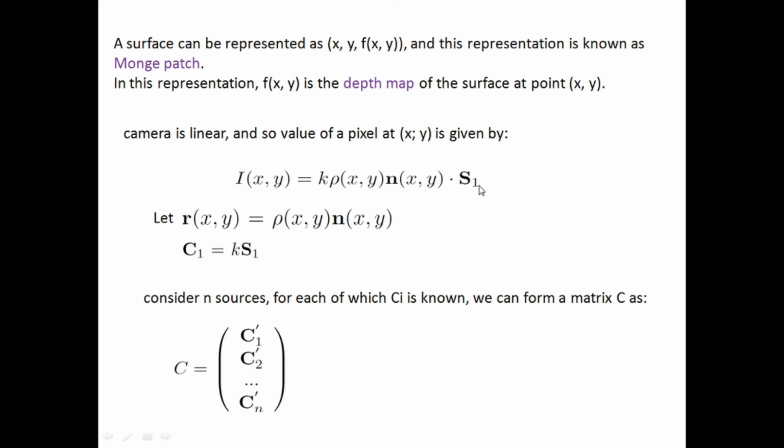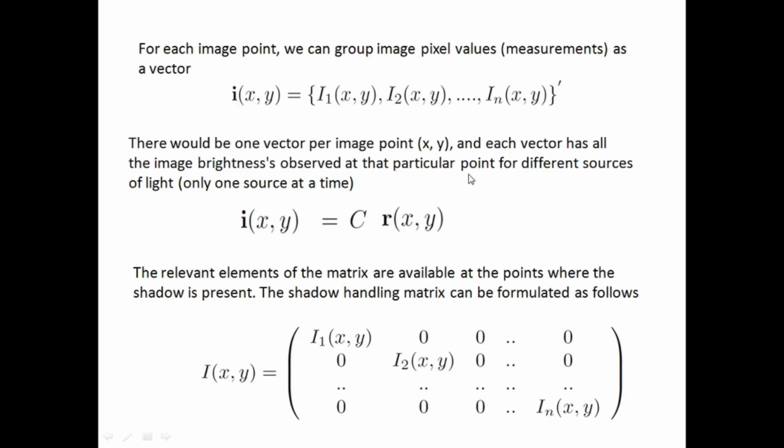These sources are kept in different directions, so at the same point I will get different brightness values, that is irradiance values. I of x comma y equals I1 of x comma y, I2 of x comma y, up to In of x comma y, transposed. So there is one vector per image point x comma y, and each vector has all the image brightness values.